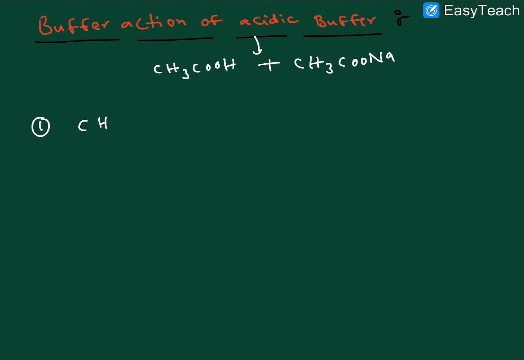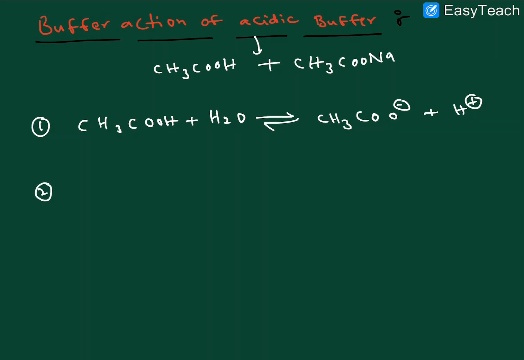We know the first one is acetic acid. It is a weak acid dissolved in water. Some amount of dissociation takes place to form acetate ion and H plus ion. The second one is sodium acetate.